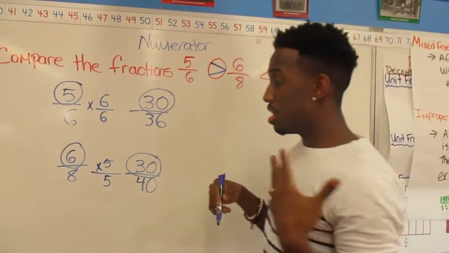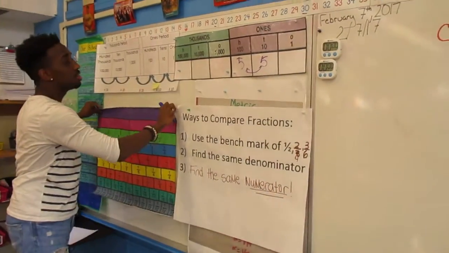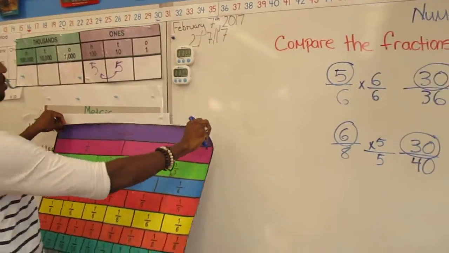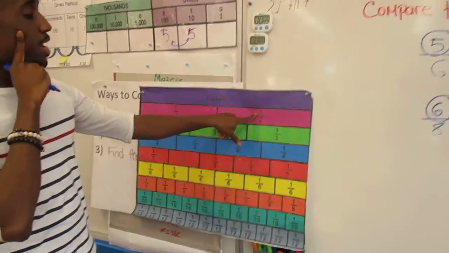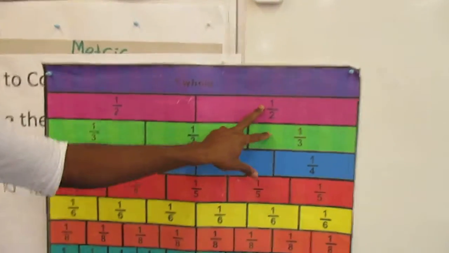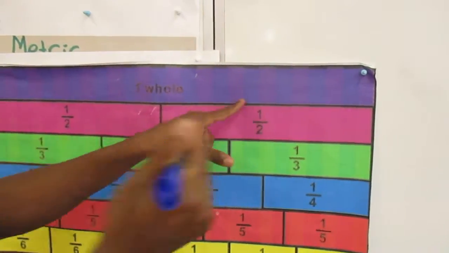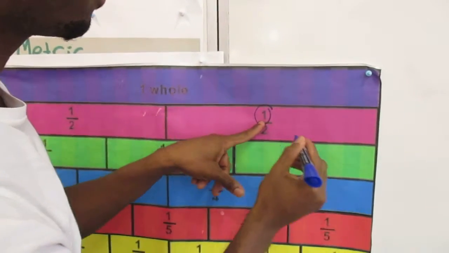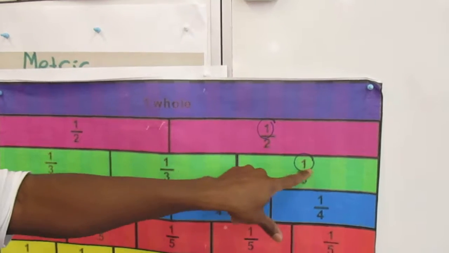I'm going to say this in another way also. So imagine, for example, let's take a look at 1/2 and 1/3. Even though both have the same numerator of 1 here and 1 here, they have the same numerator.